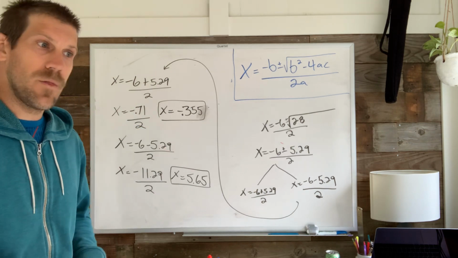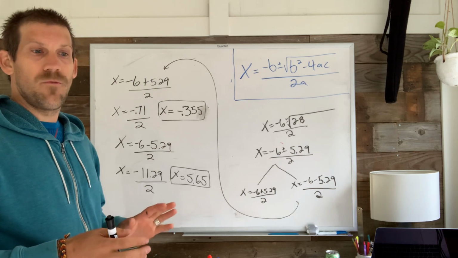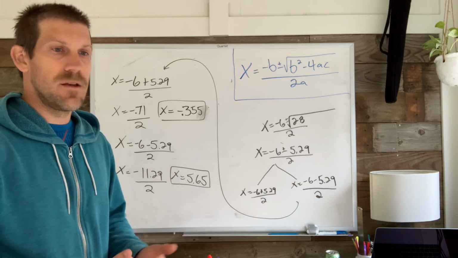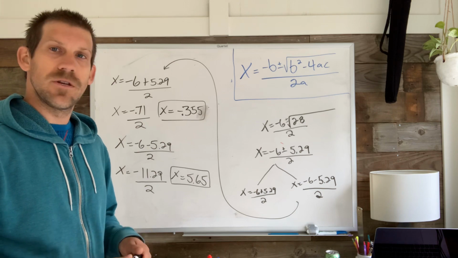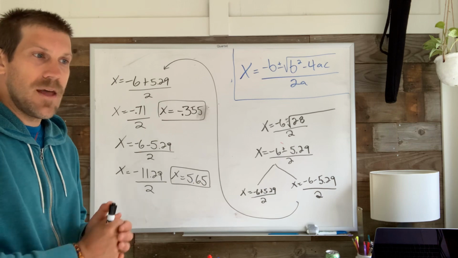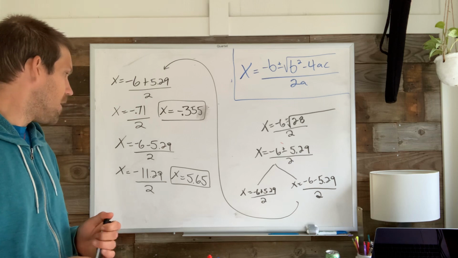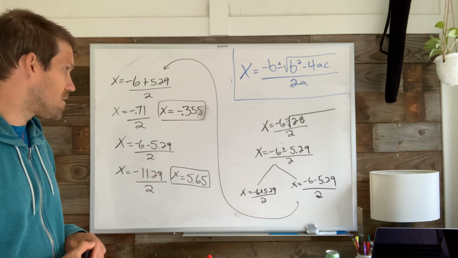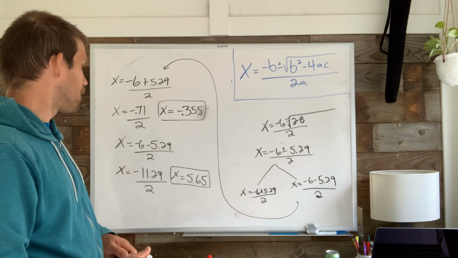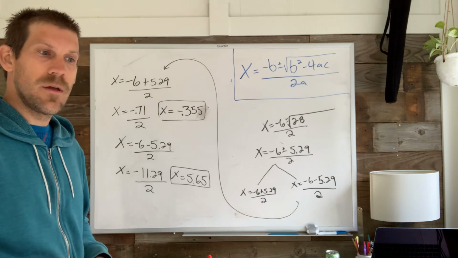A lot more difficult than figuring out the puzzle for factoring, but what you'll notice is the quadratic formula always works. So even if it is factorable, if you spend more than a few minutes trying to factor a quadratic equation and you can't figure it out, the quadratic formula will always work. If you end up with a whole number, that means it was likely factorable. But in this case, it was not factorable. And that's why we're ending up with these decimals. And that is it. Enjoy the work for the week.